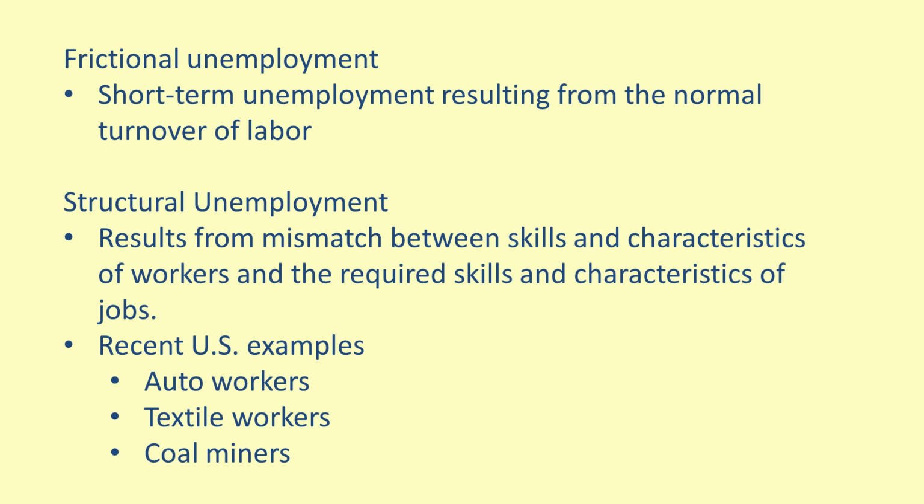Many coal miners have become structurally unemployed as preferences among energy sources have changed, and energy has become less expensive to produce from other sources. In the meantime, demand for workers in science and technology fields and for workers with computer coding abilities has grown in the United States.